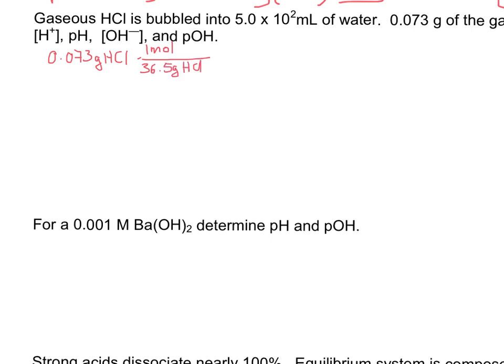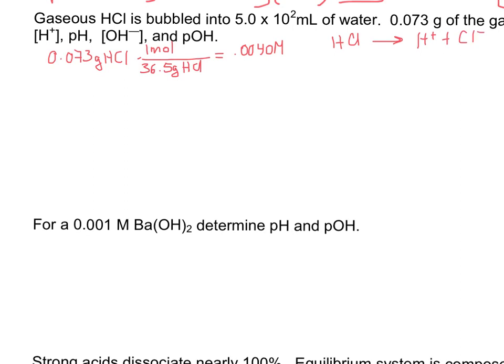And so that gives us 0.0040 moles. And we know that this is a strong acid, so HCl 100% dissociates into H plus and Cl minus.